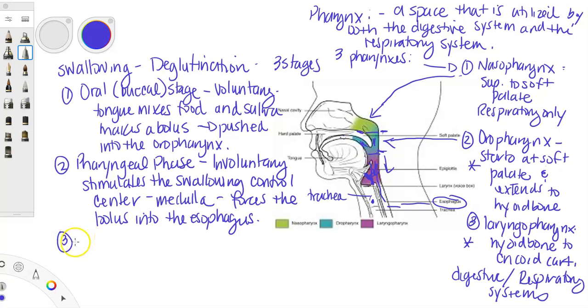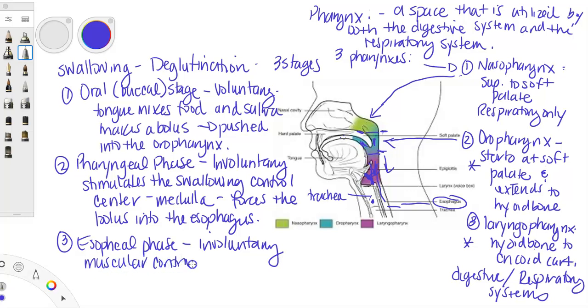All right, the third phase is called the esophageal phase. And again, this is involuntary. And this is where muscular contractions, and this is around the esophagus. The esophagus has smooth muscle around it.